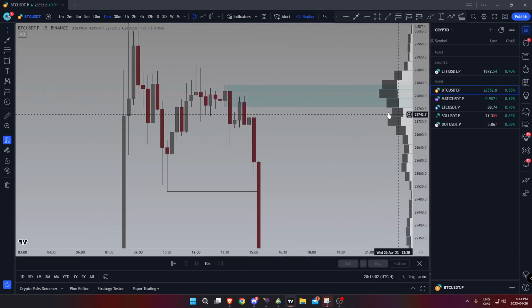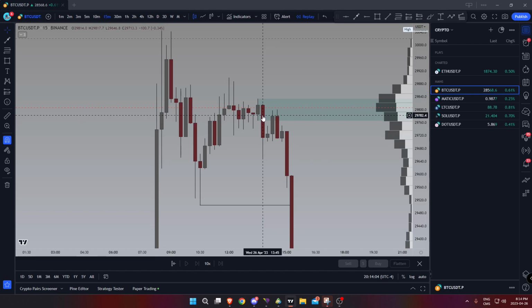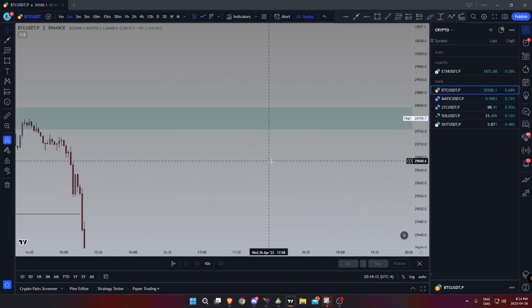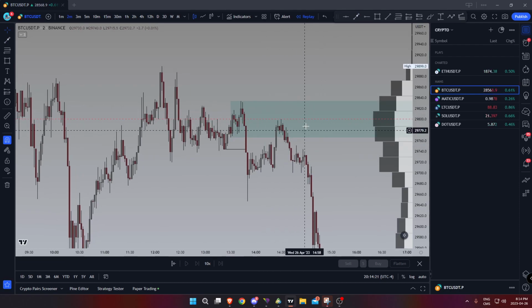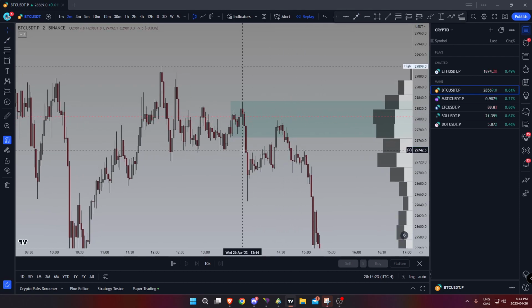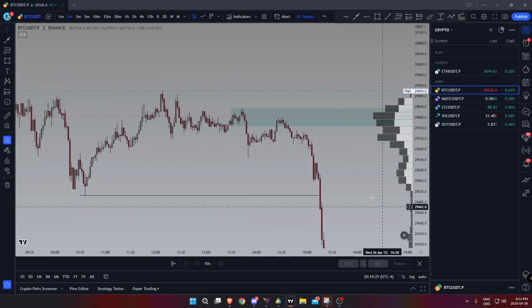Why? Because for me, the orders that were placed inside this area as an order block, when you go look on the lower time frame, you see we do have a break of structure there, but the orders got filled. They already pushed the price inside this area on the lower time frame to grab the orders before pushing the move down.